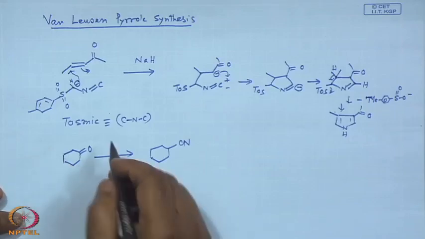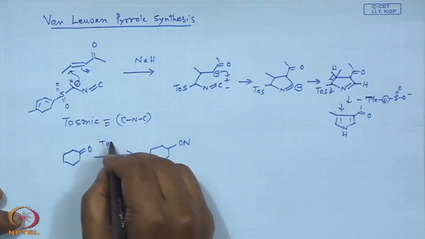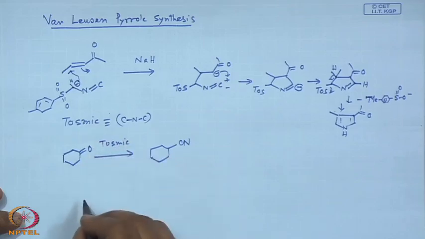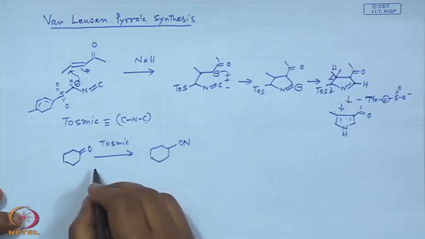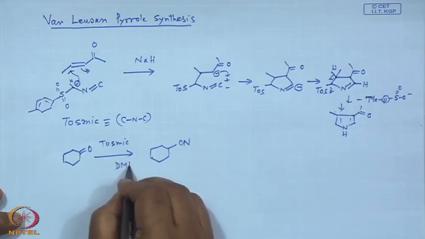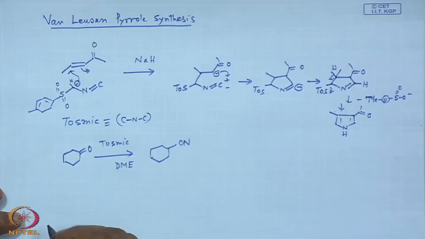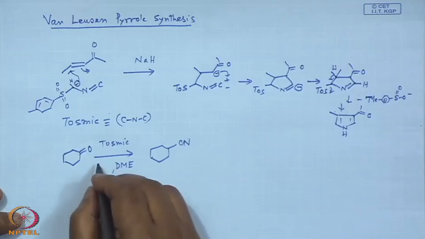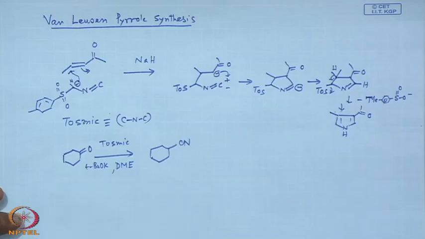And this is nothing but TosMIC, and I think DME is the solvent in this case, dimethoxyethane, and potassium tertiary butoxide. It is a very useful reaction. If you want to add a carbon onto the carbonyl group, this is one of the ways to make it. Okay.